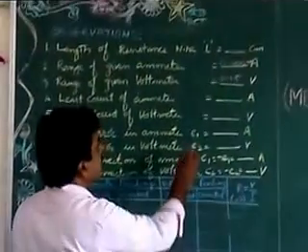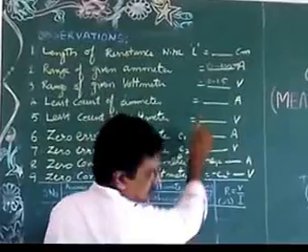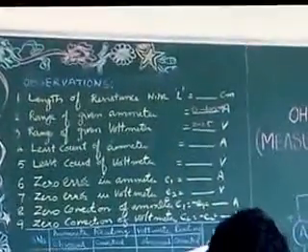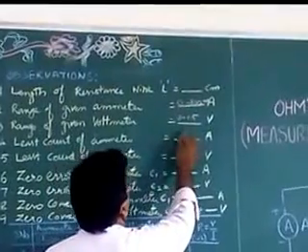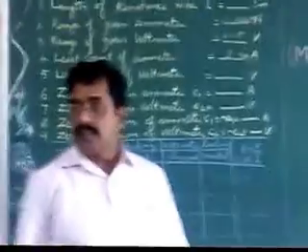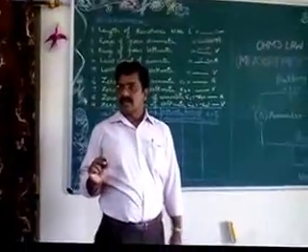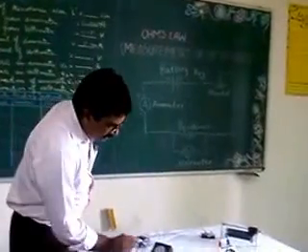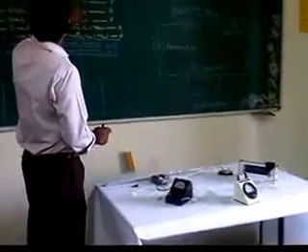How much will you get if you divide 20 by 10? You will get 2 milliamps. It is 0 to 20 divided by 10. It gives 2 milliamps, meaning each small division gives 2 milliamps current. This is what your least count is.